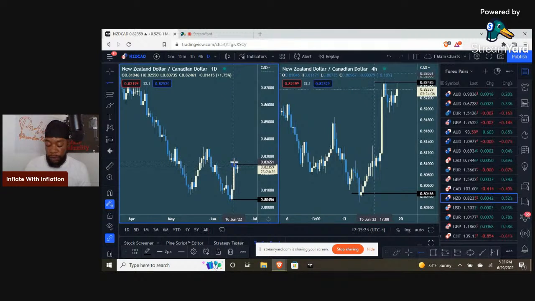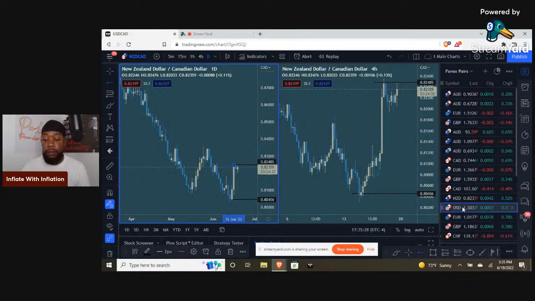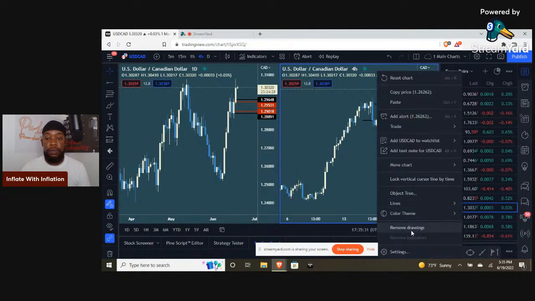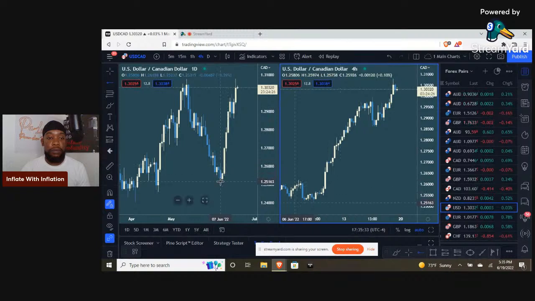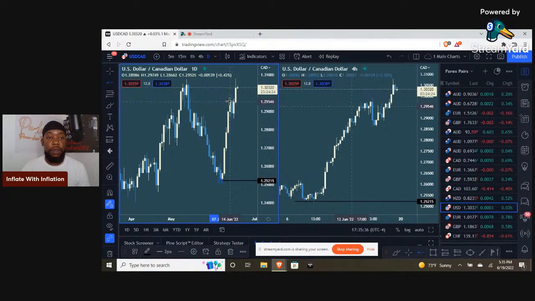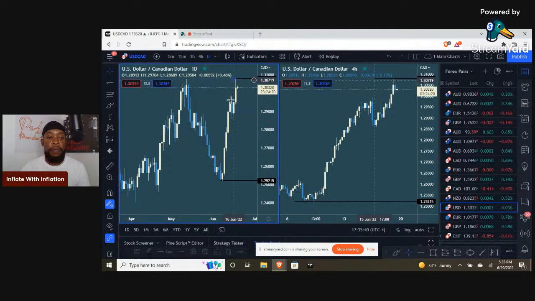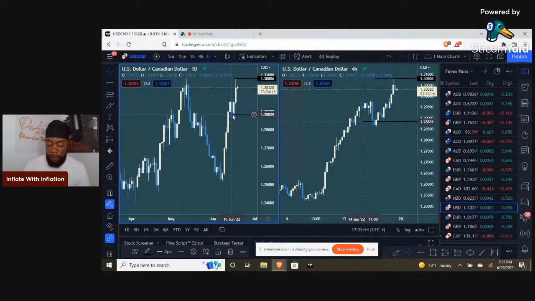Here we got New Zealand buying and CAD is selling. Here we have US dollar buying, CAD is selling. So at this moment, CAD is the weakest currency at a -7 going into tomorrow.